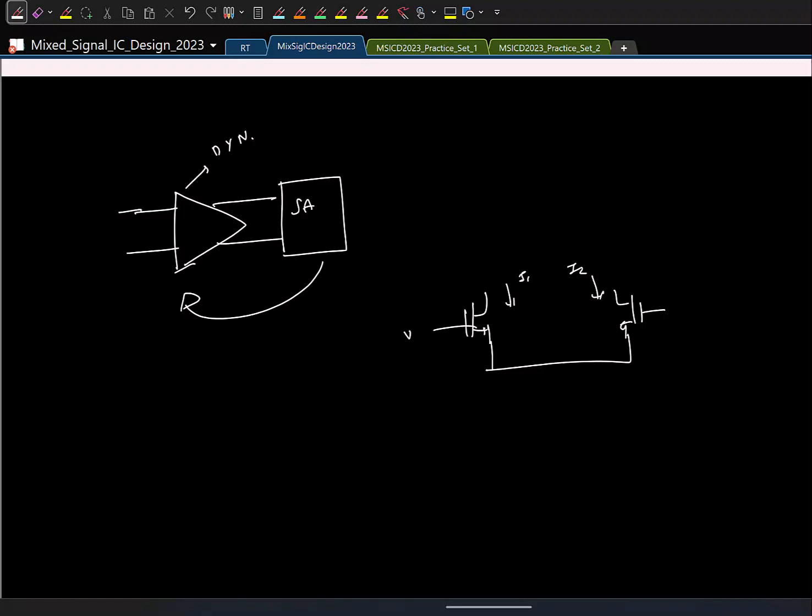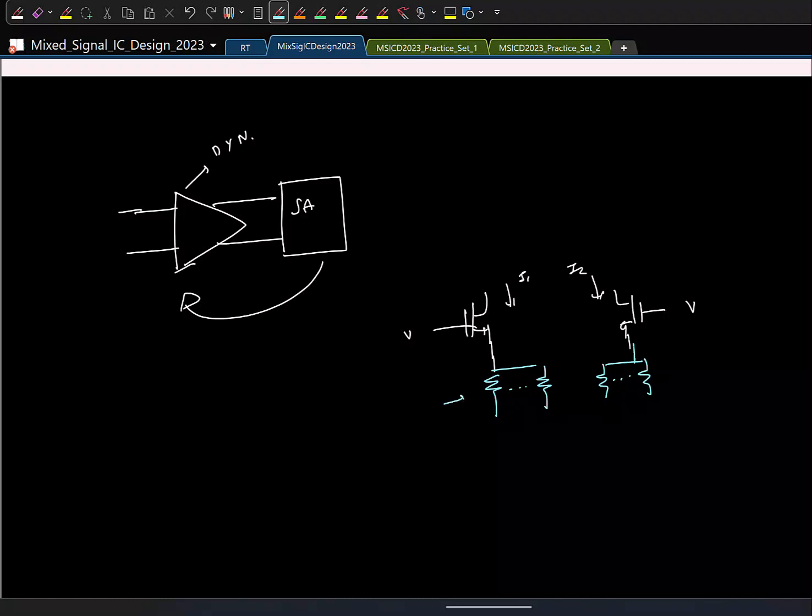If I apply say V, remember that this voltage is converted to the current through the transconductance of the transistors. You just need to change the transconductance. One common thing that is done is to put a bunch of resistors here. You add a source degeneration resistor, and the moment you add a source degeneration resistor, the GM will also change. You put the appropriate number of them in parallel and connect. This is what is commonly done.